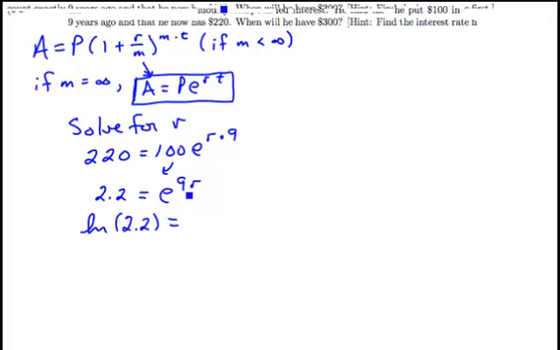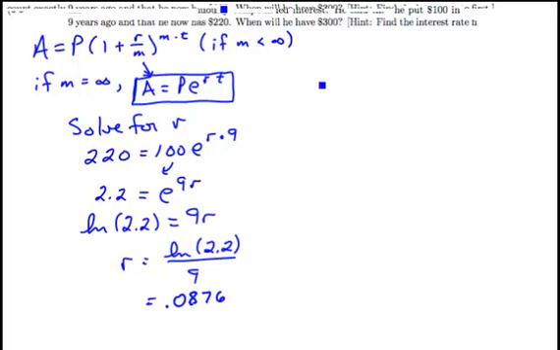Natural log of e to the 9r is just 9r. So the rate he's getting must be, solving for r here, dividing by that 9, natural log of 2.2 divided by 9. And the value for that turns out to be, and you don't want to round here, every decimal place is important on the growth rate, or the interest rate in this case, so I'll put 4 decimal places, 0.0876.